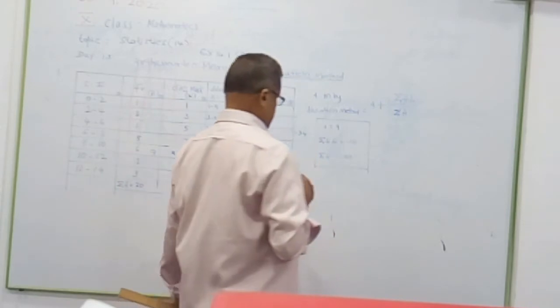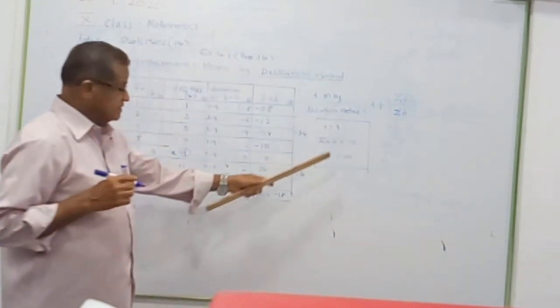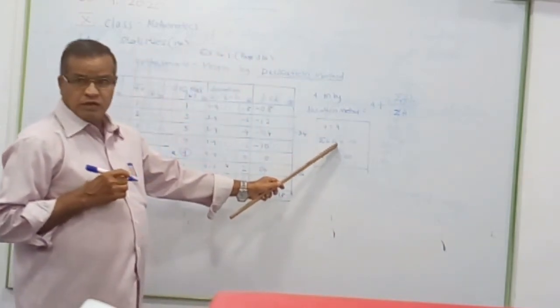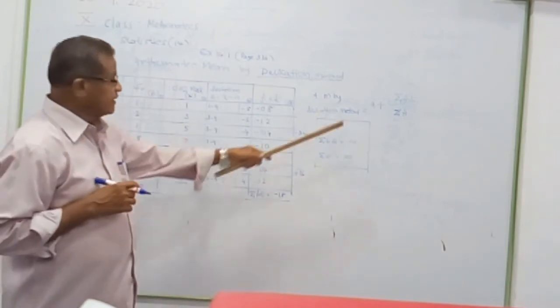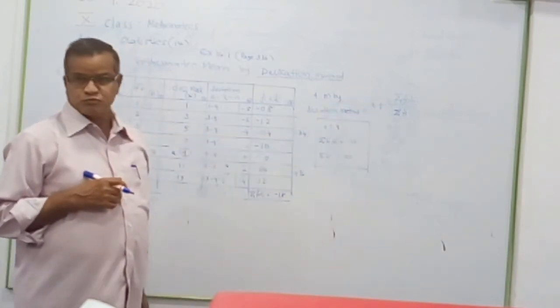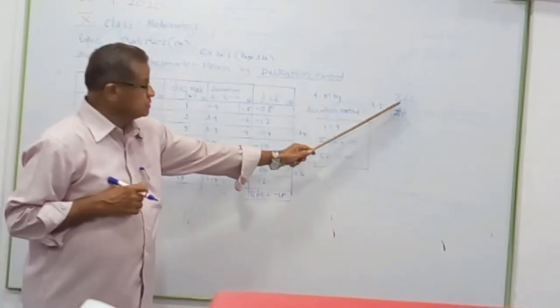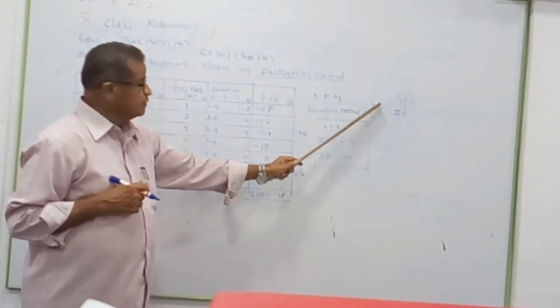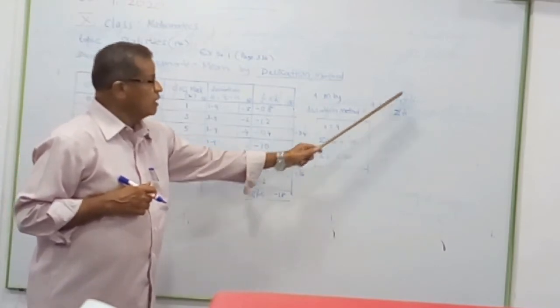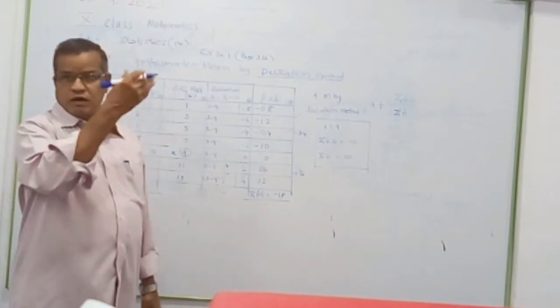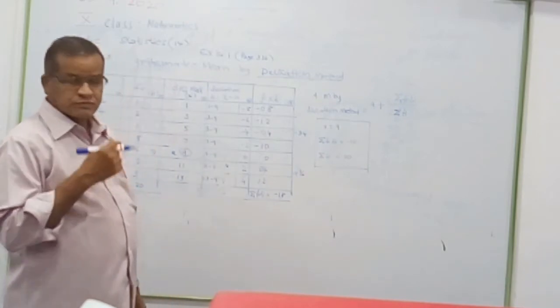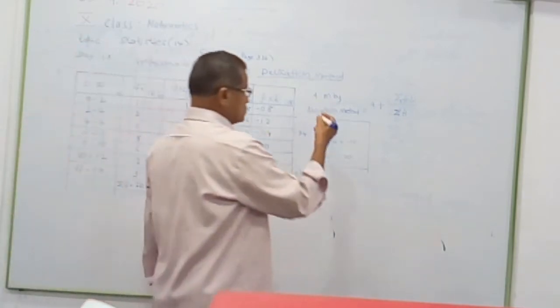Substitute these values. For writing this table, you will get half mark. Writing the formula, half mark. See, beware of drawing this line. This should be above plus. Now substitute.